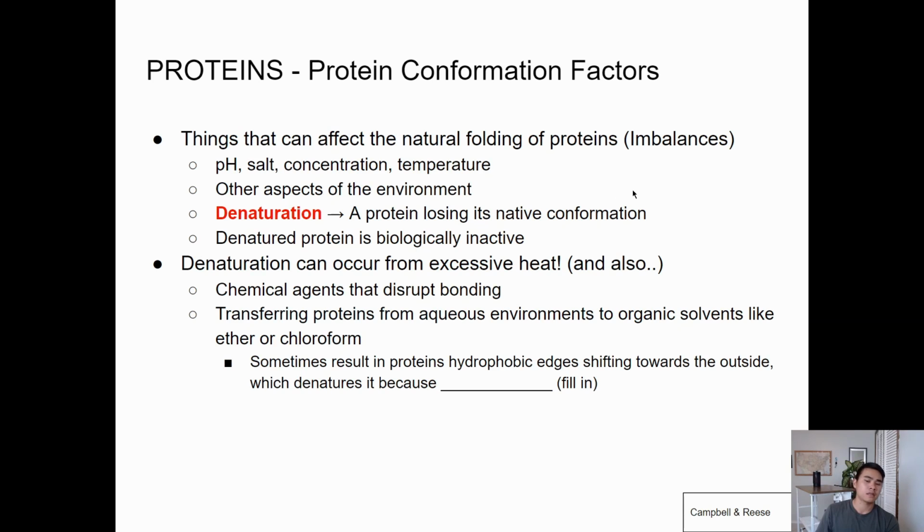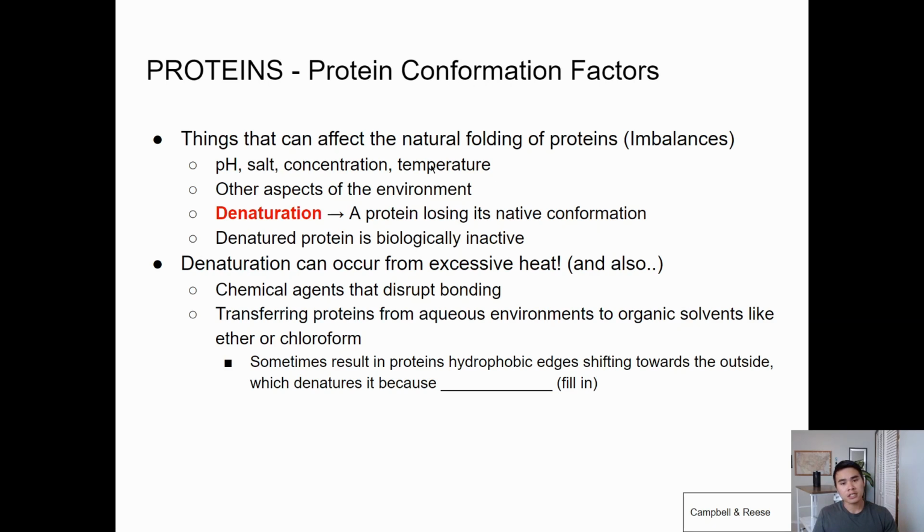And things that can affect that change, or throw off protein formation or folding, are pH, salt concentration, and temperature. Any variation in our natural pH, salt concentration, or temperature really can change how our proteins fold, which causes issues within our body.